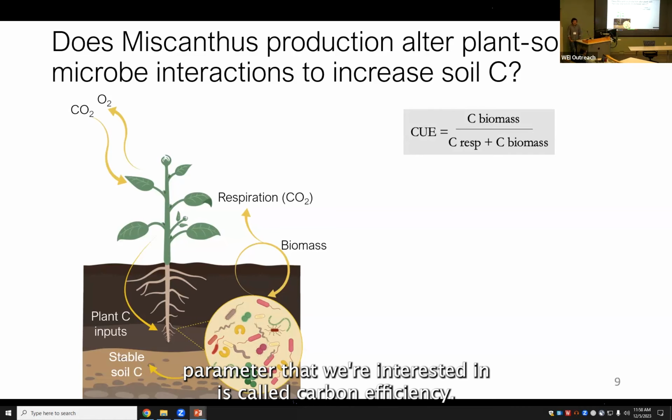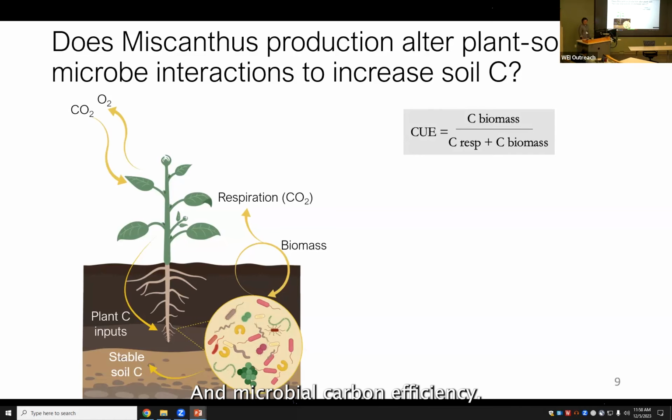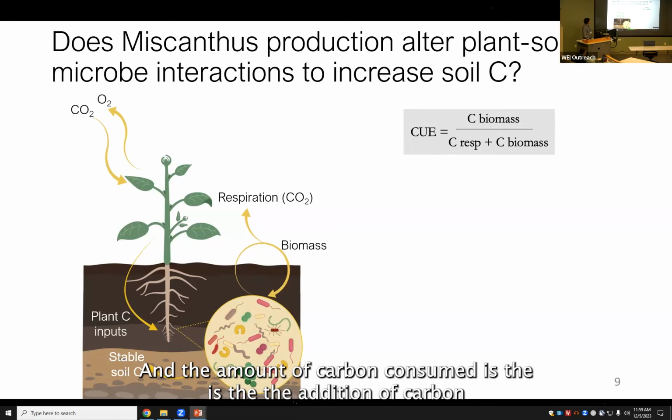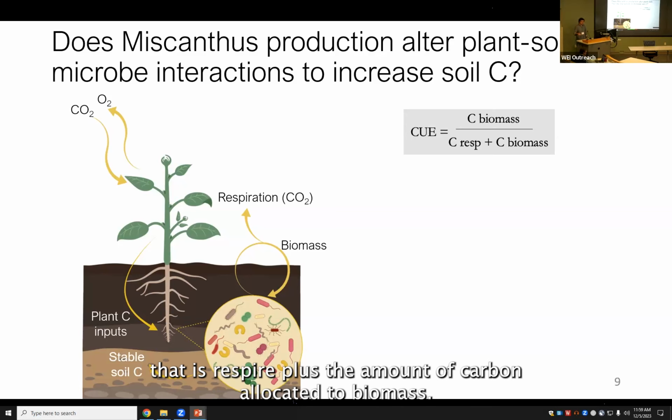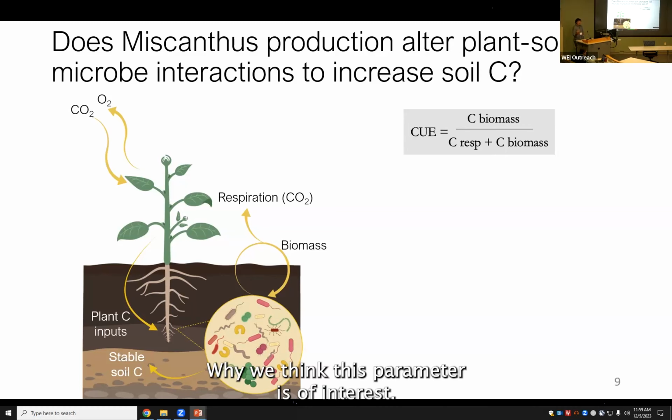One particular parameter that we're interested in is called carbon use efficiency. Microbial carbon use efficiency is the ratio of carbon allocated to new microbial biomass over the amount of carbon consumed. And the amount of carbon consumed is the carbon that is respired plus the amount of carbon allocated to biomass. Why do you think this parameter is of interest?